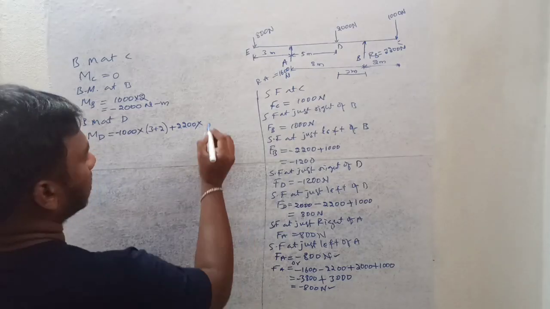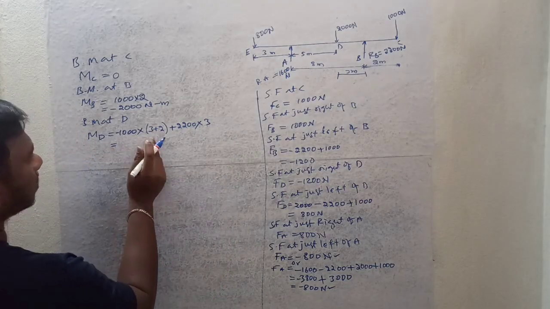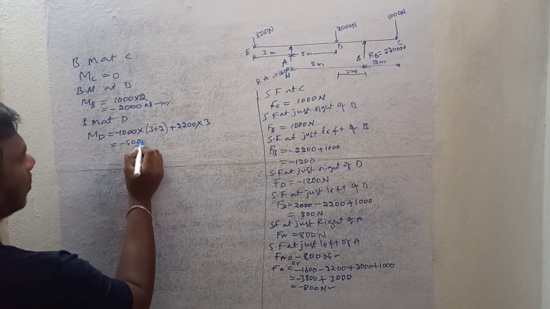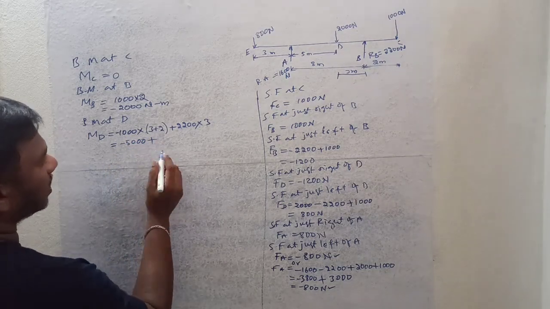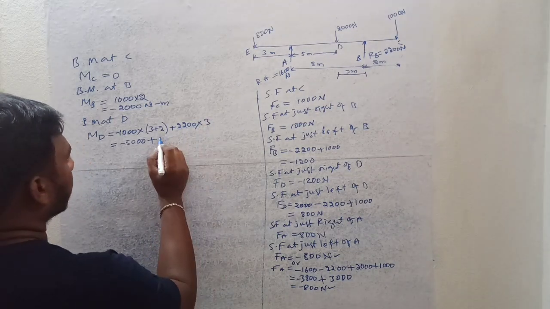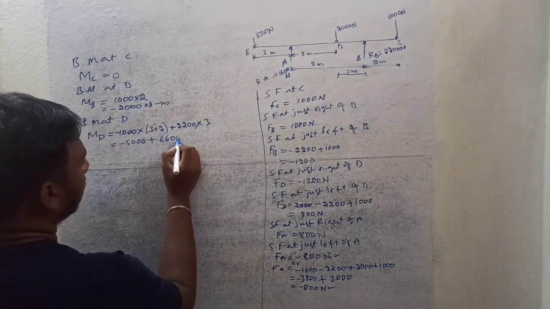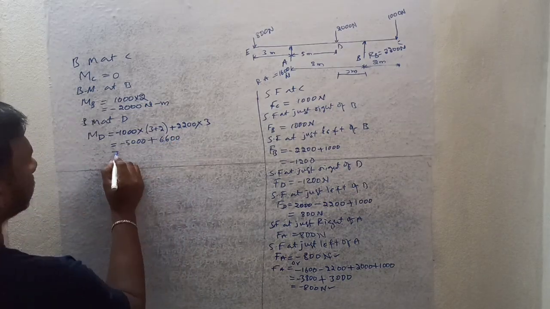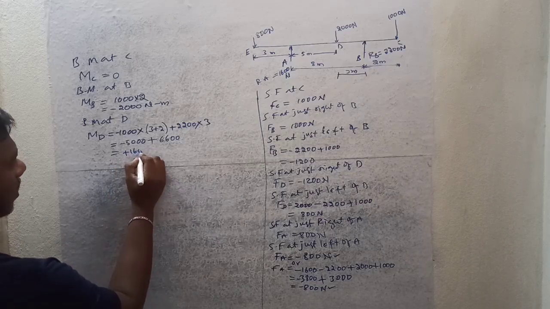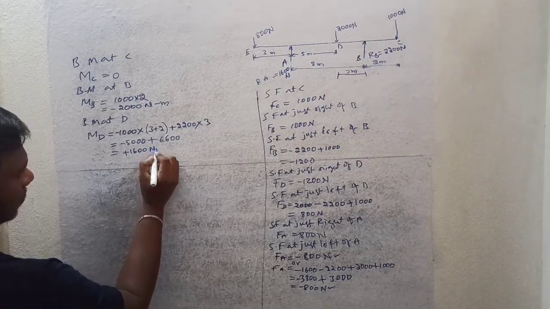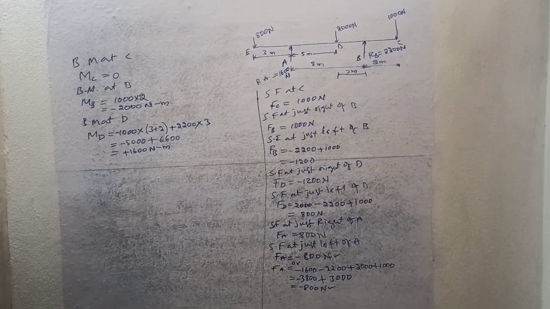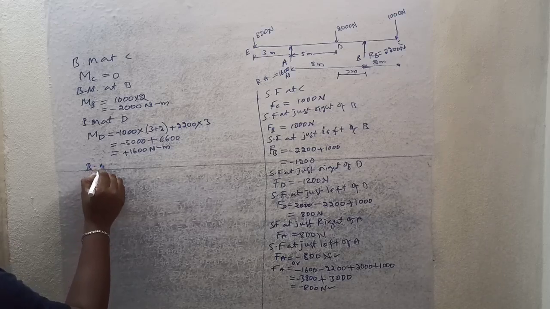That is 3 meters, right? What is 5 into 1000? It is minus 5000 Newton meter, plus 2200 into 3, that is 6600. Next, if we do the simplification, minus 5000 plus 6600, that is 1600 Newton meter. This is the bending moment at D. And next one is bending moment at A.